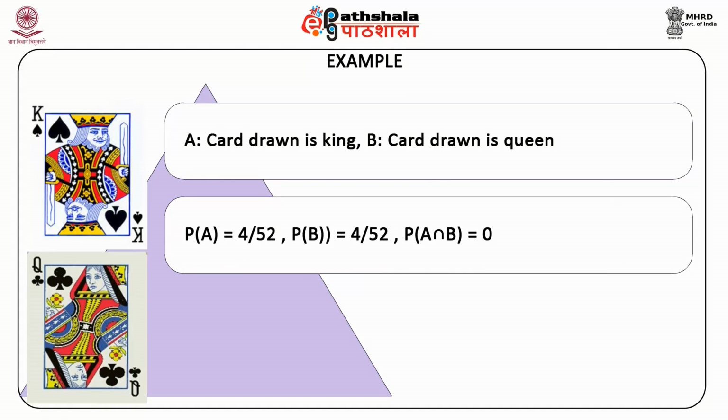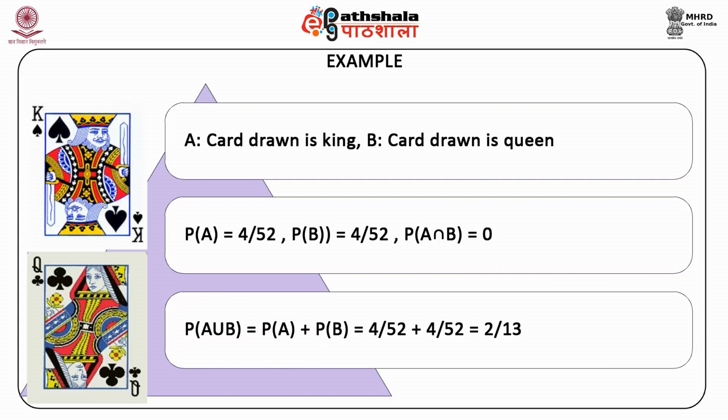Therefore, probability of A is equal to 4 by 52, probability of B is equal to 4 by 52, probability of A intersection B is equal to 0, since a card drawn which is a queen cannot be a king. Probability of A union B is equal to P(A) plus P(B) is equal to 4 by 52 plus 4 by 52 equal to 8 by 52, which is further equal to 2 by 13.